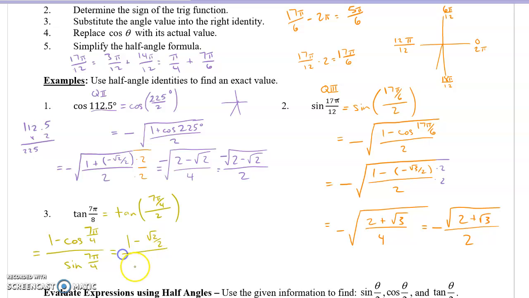The sine of 7 pi over 4 is negative root 2 over 2. So when you multiply by 2 over 2, you end up with 2 minus root 2 divided by negative root 2.